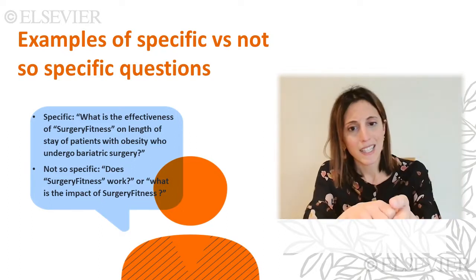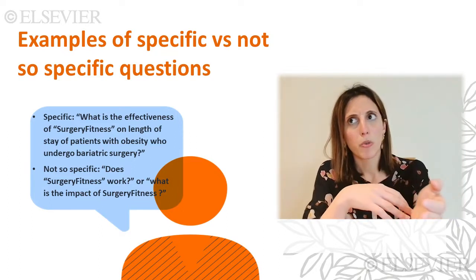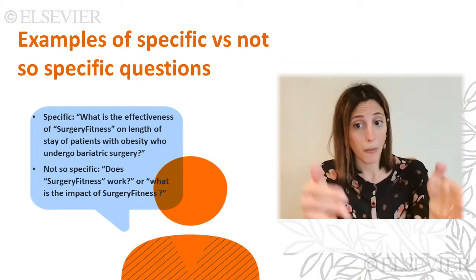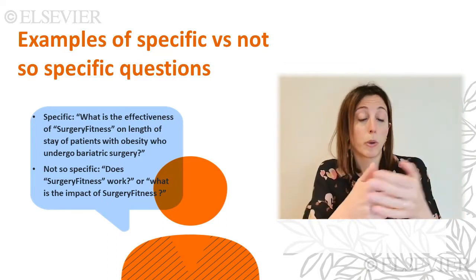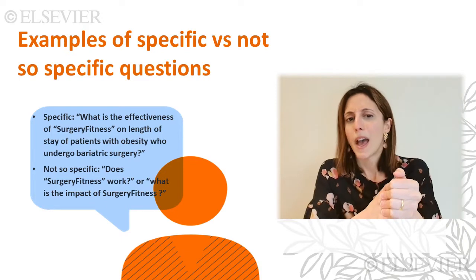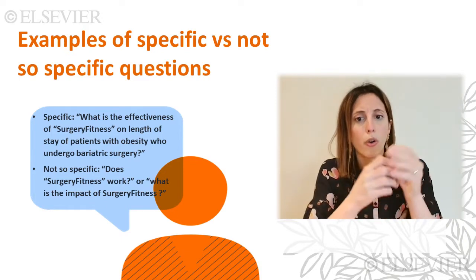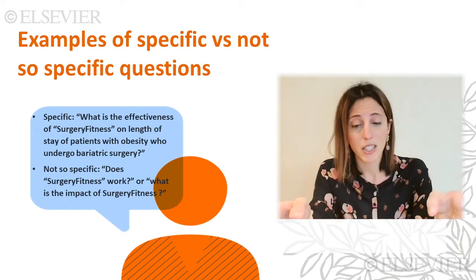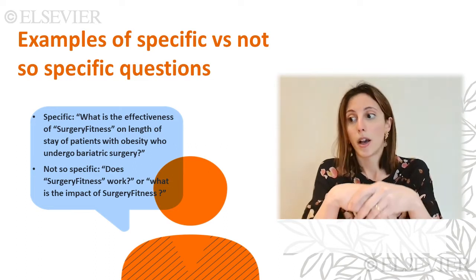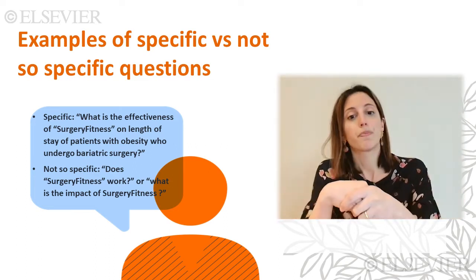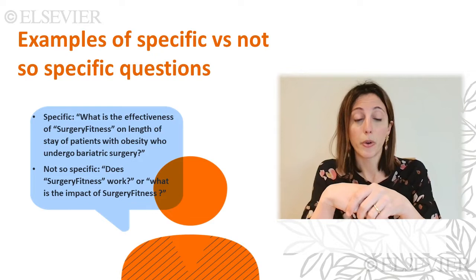Does it work? Yes. But does it work to improve what? So which outcome, again, do we want to target? And does the program work for whom? So who are the patients that we're interested in? What surgery in this case they're going through?